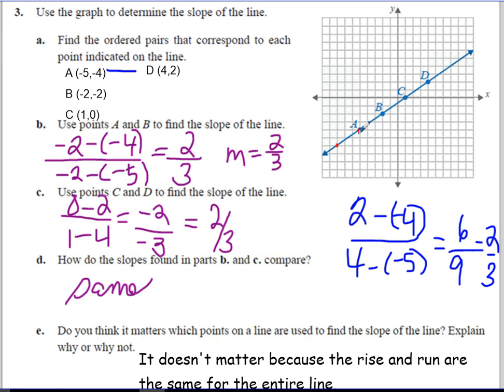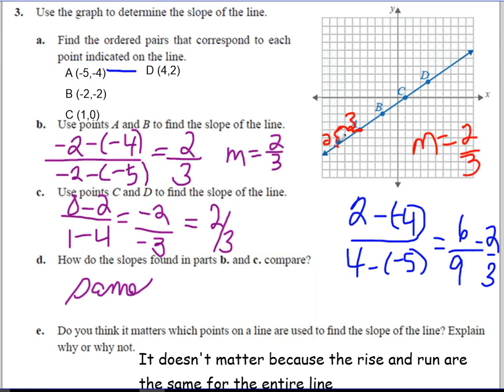Again, a whole number x and a whole number y value. And then I count. What do I need to get there? 1, 2. So my rise is 2 over 1, 2, 3, a run of 3. So our slope is 2/3.